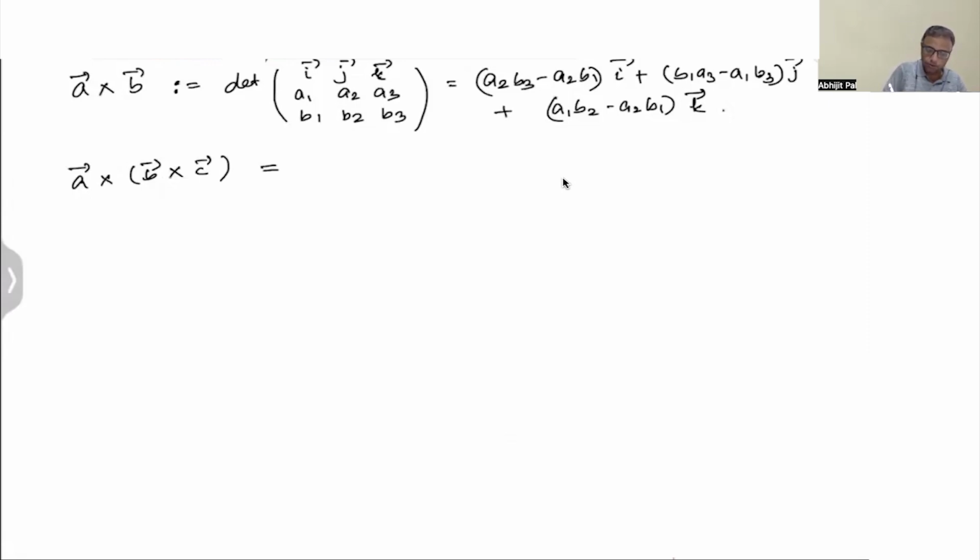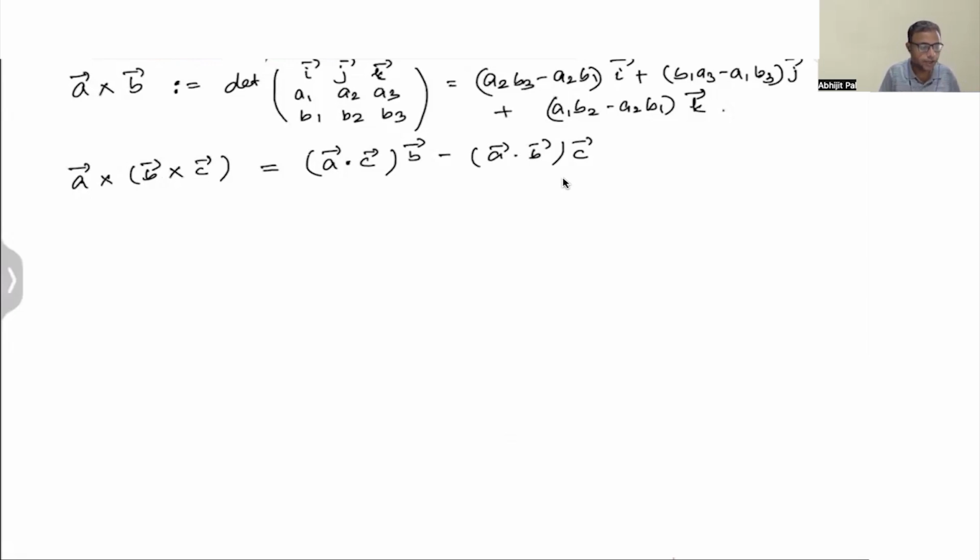This will be equal to the dot product of A with C, which is a scalar, multiplied with the vector B bar, minus the dot product of A with B, multiplied with the vector C bar. Okay.